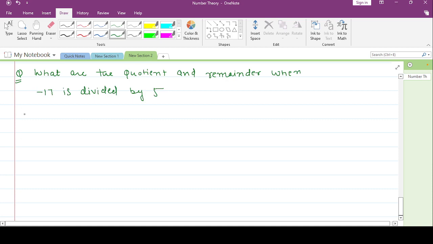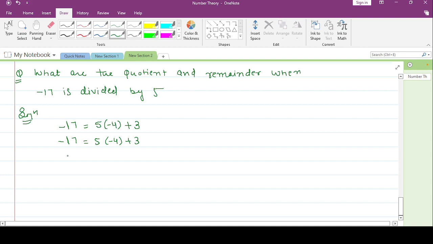So solution: write minus 17 on this side. This is equal to 5 into minus 4, which gives me minus 20, plus 3. So minus 17 equals 5 into minus 4 plus 3.